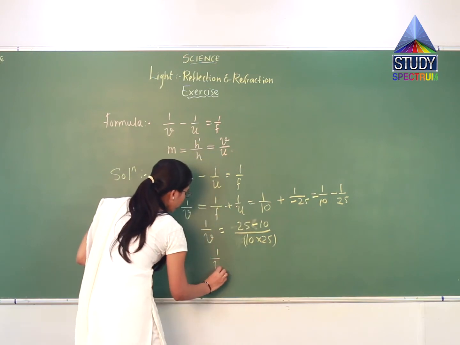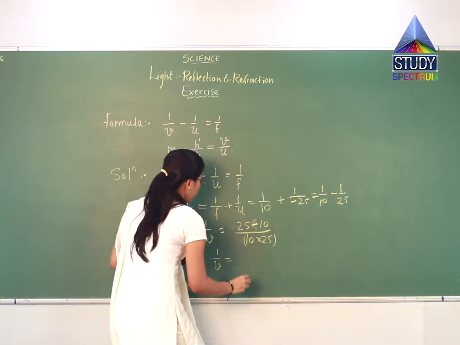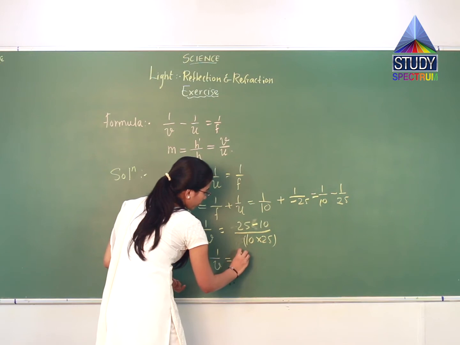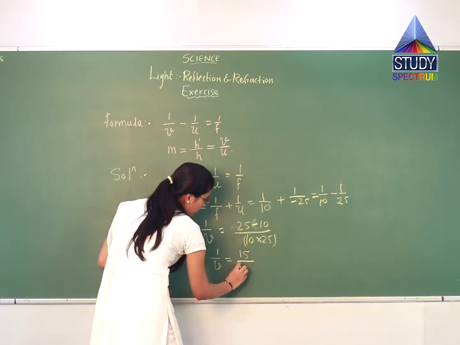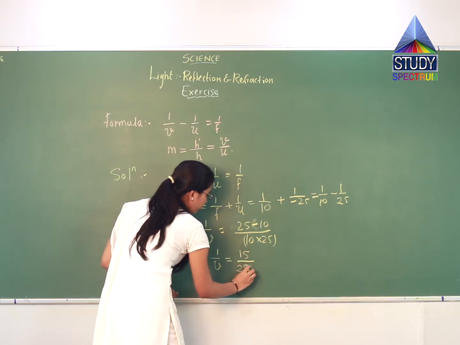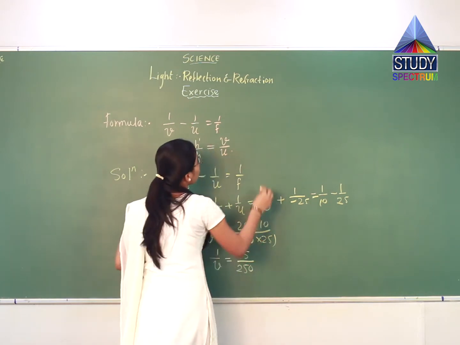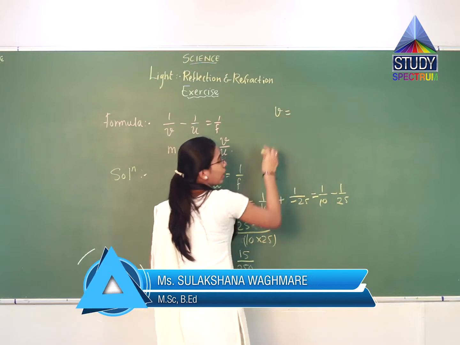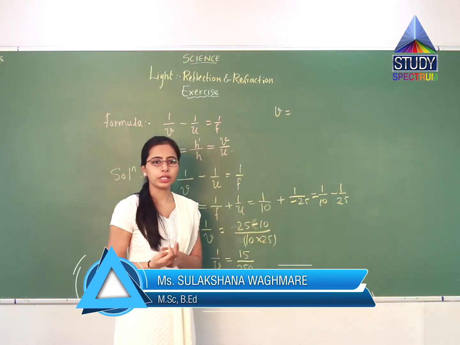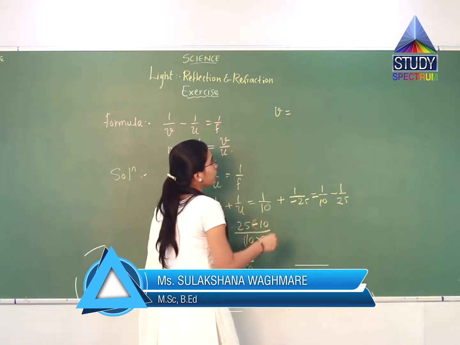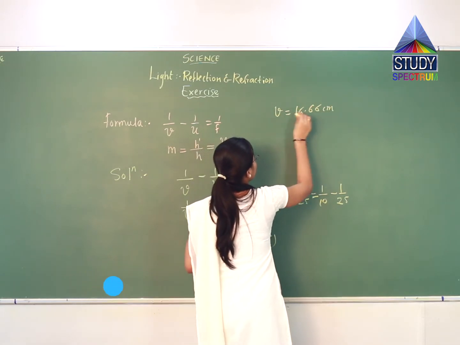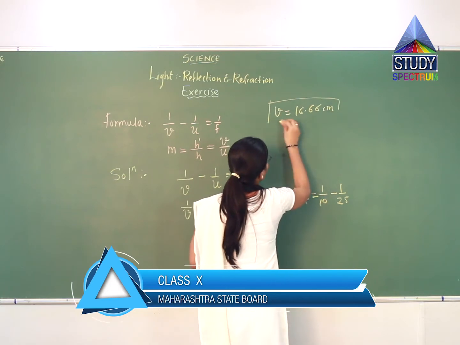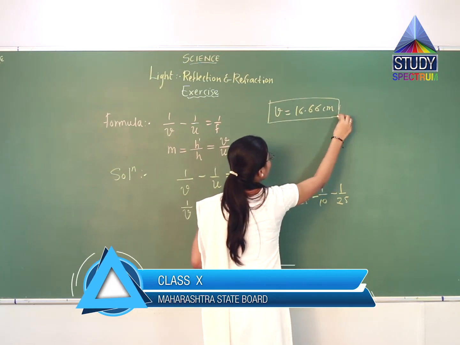So 1 upon v you will get as 15 upon 250. On calculation you will get the value of v as definitely positive, 16.66 centimeter. Why is it positive?